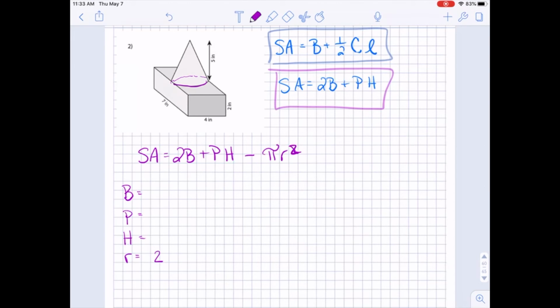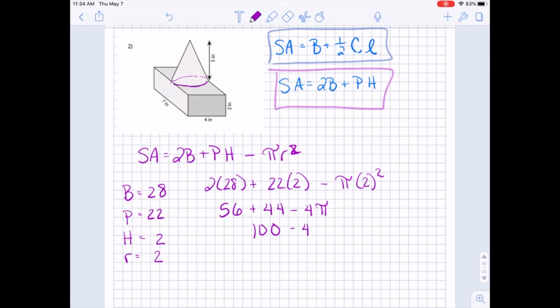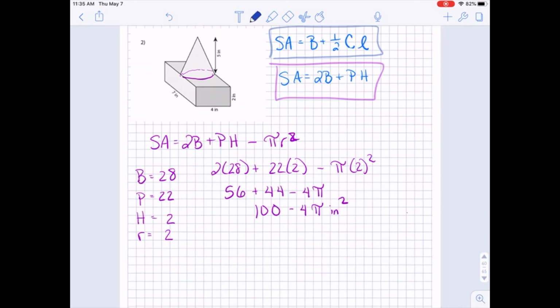To determine the surface area of the solid, I'm going to use the base area as 7 times 4 and the height as 2. Since I already have the surface area of the cone in units with pi, I'm not going to change pi here, but I do need to combine the two values.